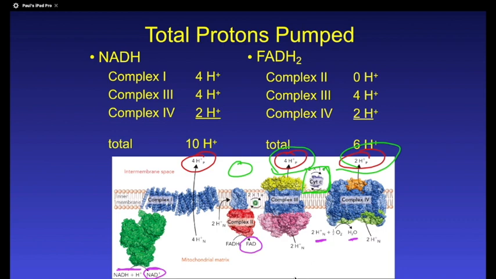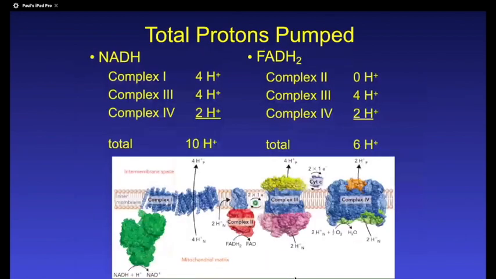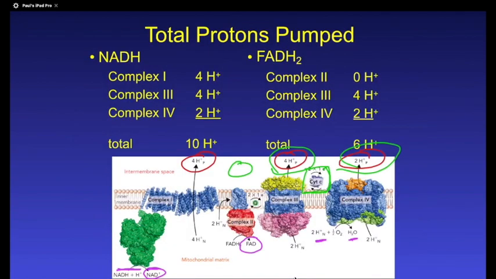All right. So NADH got 10 protons. FADH2 has 6 protons. Let's do some calculations. All right, I'm going to do some calculations just on this slide real quick. How many ATPs did I say NADH will produce?